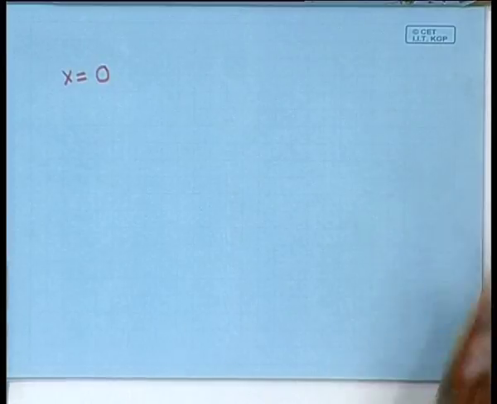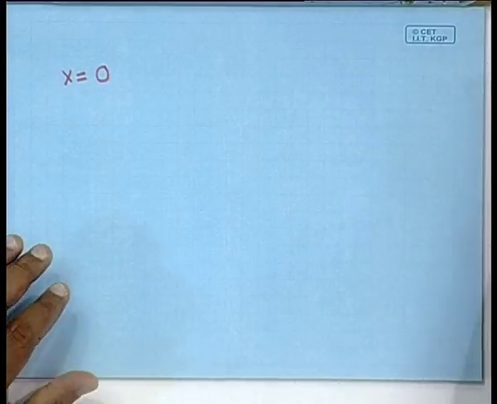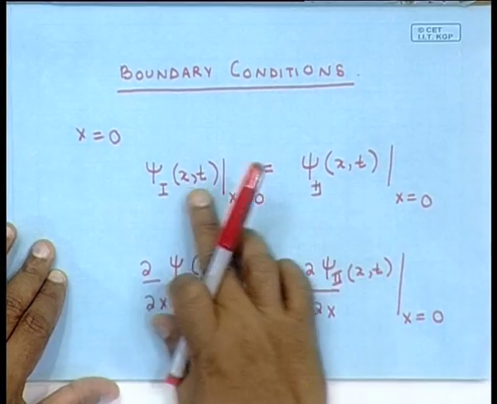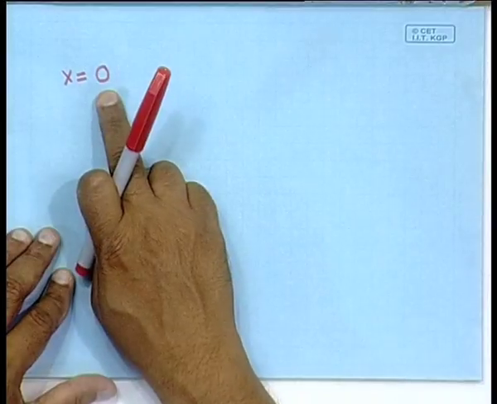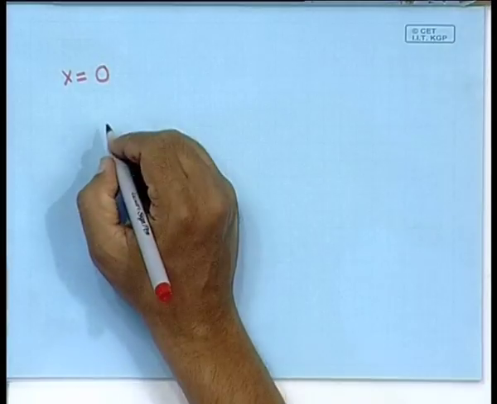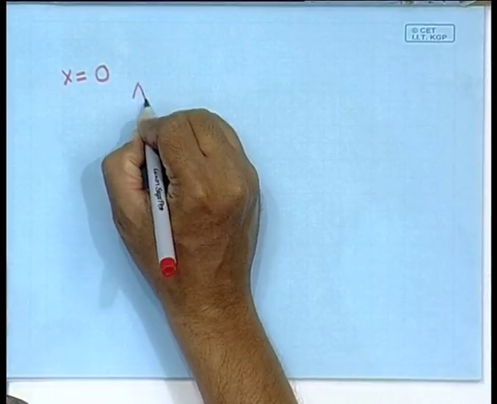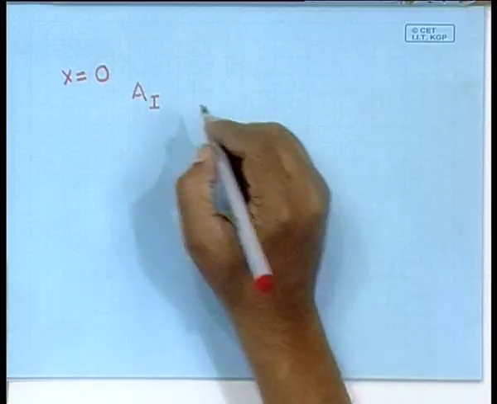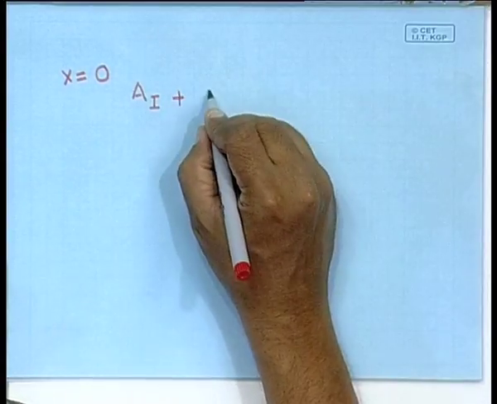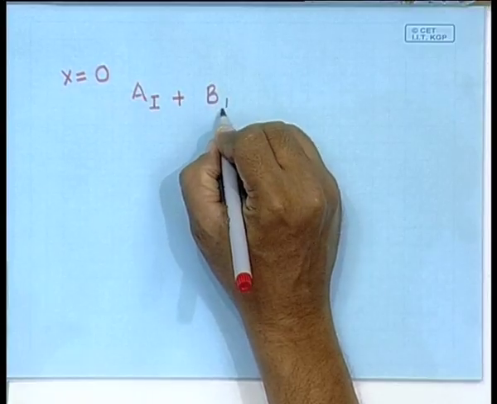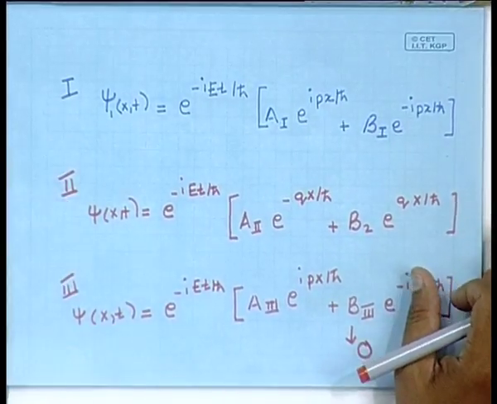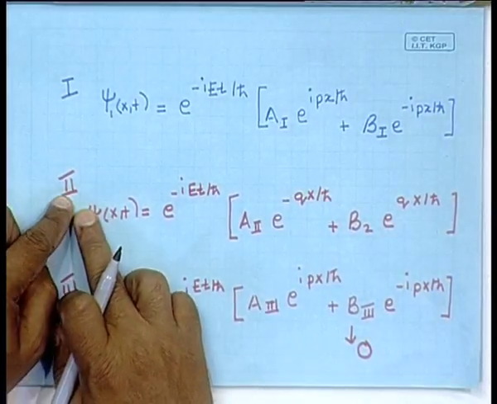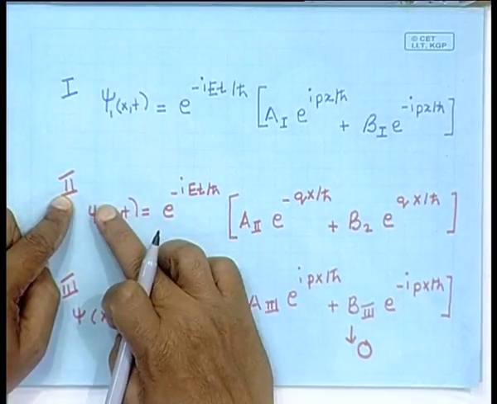So, the first boundary condition matching the wave function at the boundary x equal to 0: on the left hand side the wave function has a value a1 plus b1, and this should be equal to, on the right hand side is region 2. We are considering the boundary between region 1 and region 2.